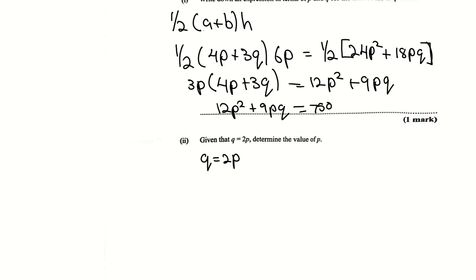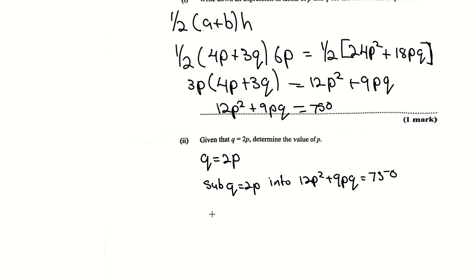So we're going to substitute q equals 2p into 12p squared plus 9pq equals 750.